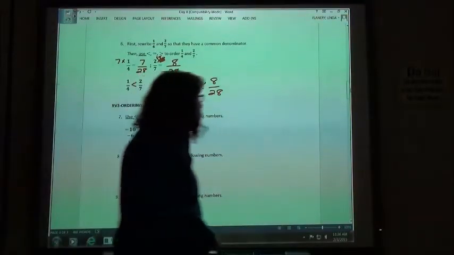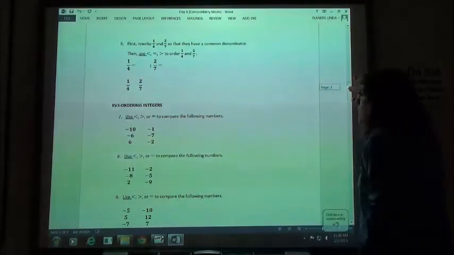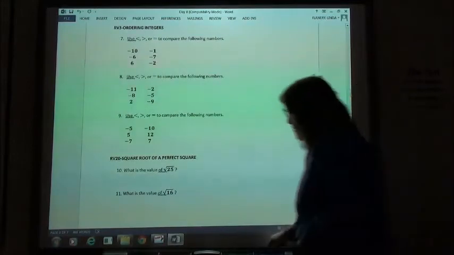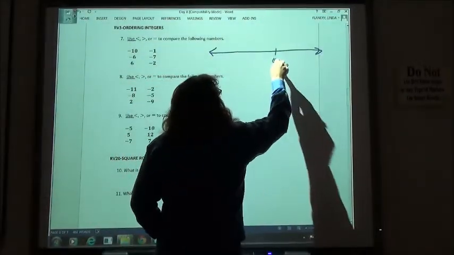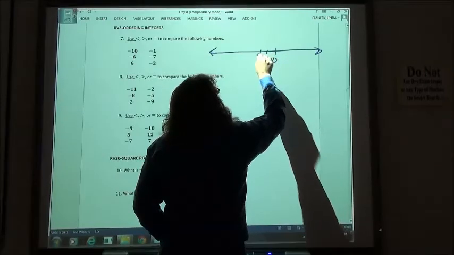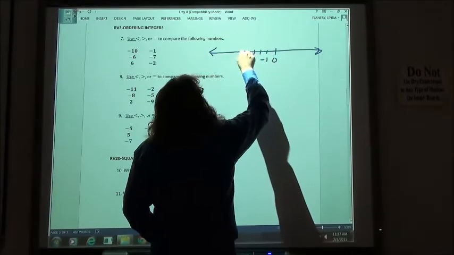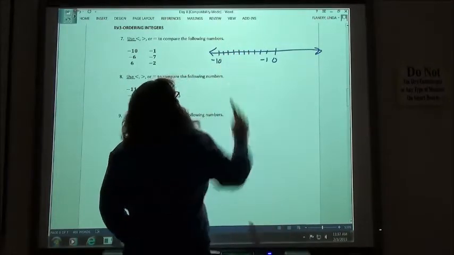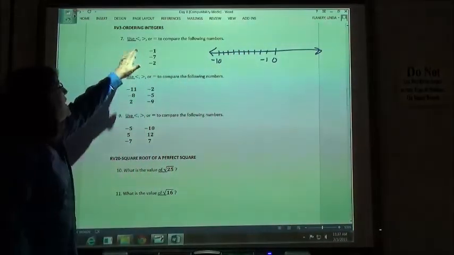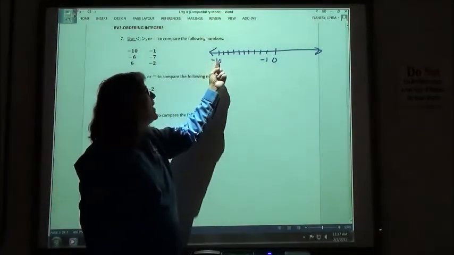The next one, we are ordering integers, less than and greater than. If I'm thinking about my number line, and I have 0 there, I have -1, -2, -3, -4, -5, -6, -7, -8, -9, -10. If I am comparing -10 to -1, it's on the left side.